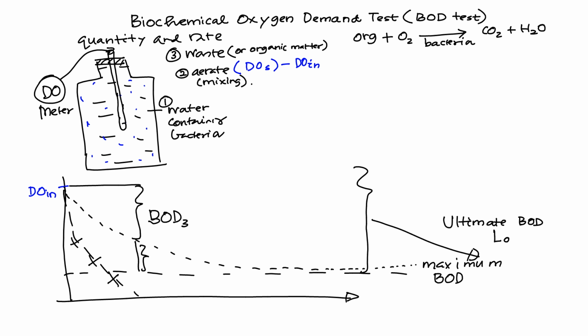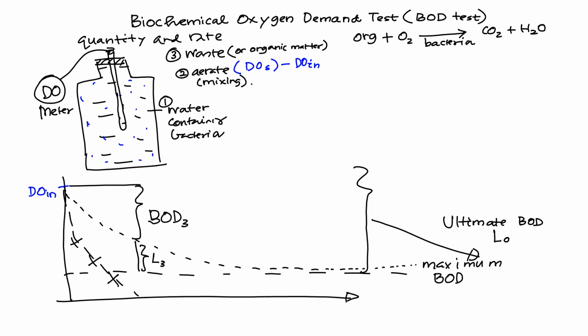Now if I represent this one as L3, that means the amount of oxygen that is still not consumed, but can be consumed, so it's remaining. The oxygen demand that is remaining is L3 here.